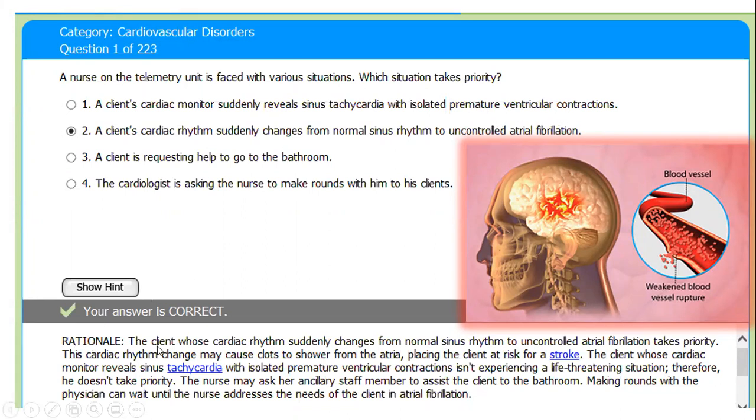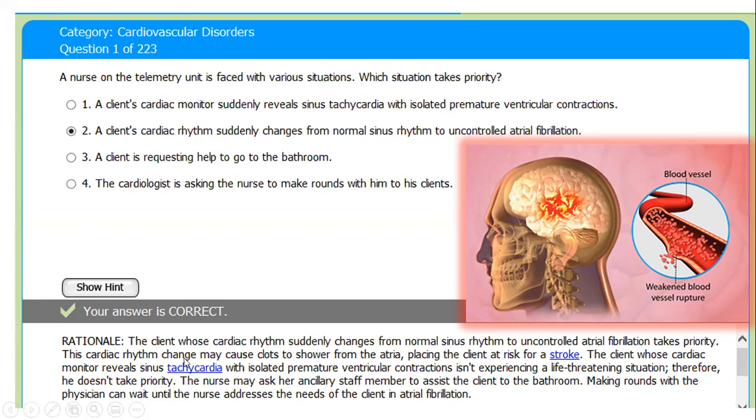The rationale: the client's cardiac rhythm suddenly changed from normal sinus rhythm to uncontrolled atrial fibrillation, which takes priority. If atrial fibrillation is not controlled, it can cause heart failure, arrhythmias, and cardiac shock.